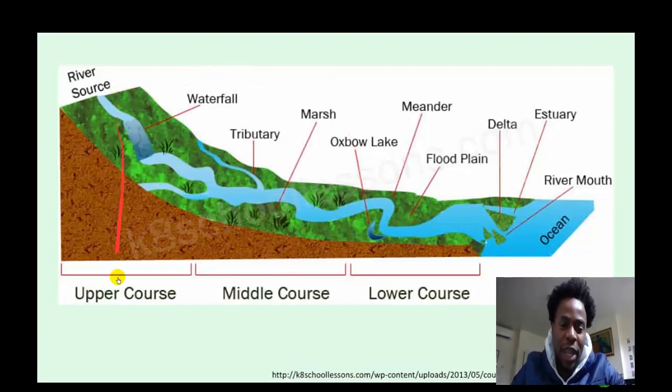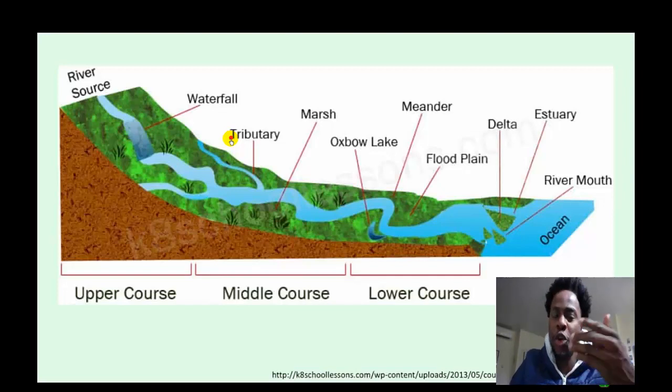All right, and we know in the upper course of a river you have things like your waterfall, right? And then another thing that is also created in the upper part is what you call a tributary. It's from the word contribute, to pay tribute, to join something.